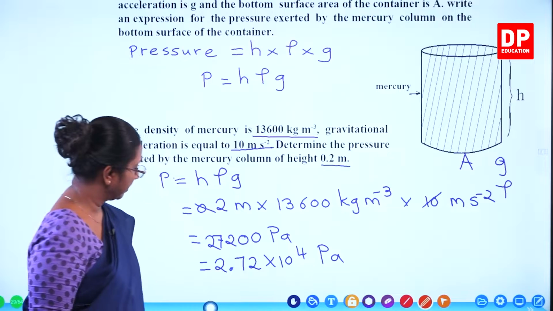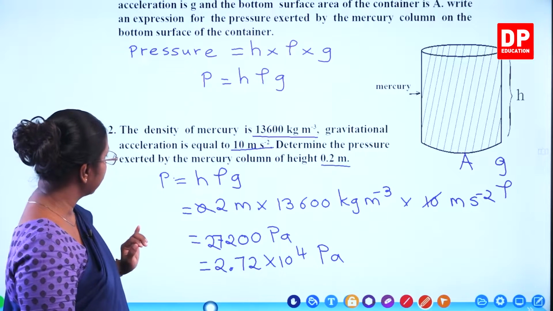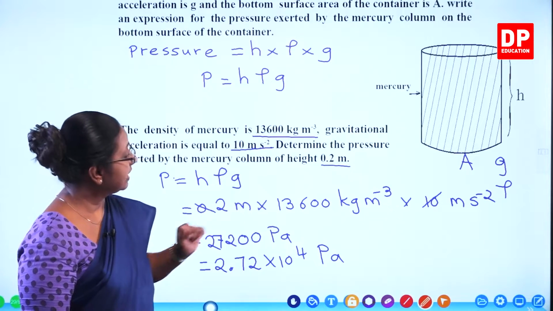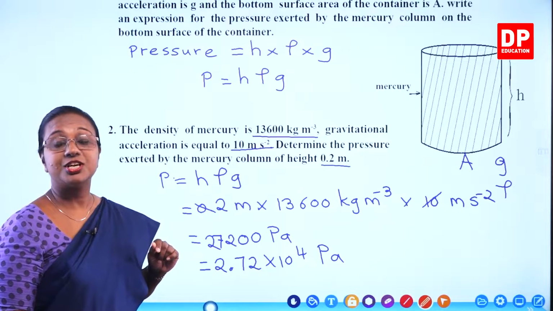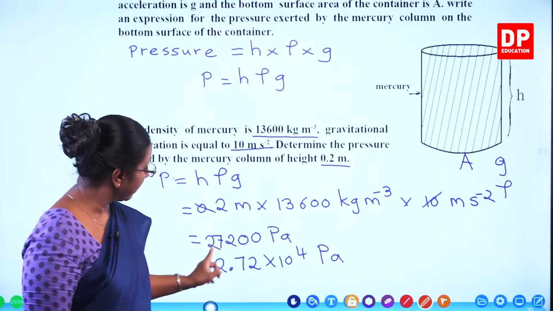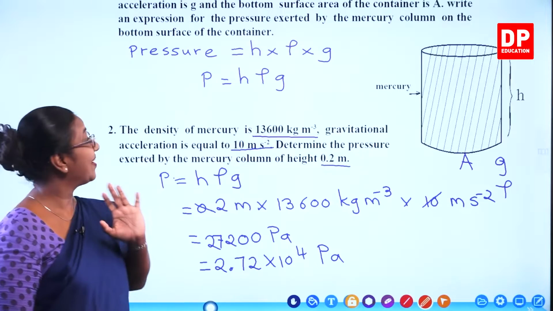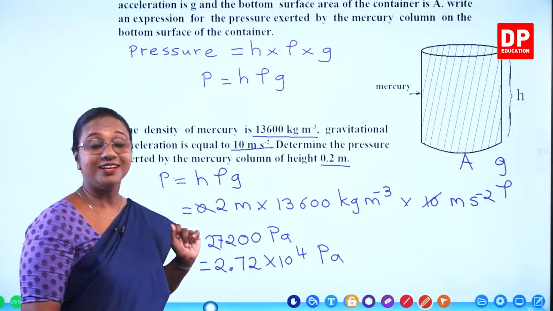Either way is fine. 27,200 Pascal, that is the answer. Because height is 0.2 meters, density is 13,600 and gravitational acceleration 10. So when you simplify, you get the answer as 27,200 Pascal. I am sure students, you were able to do this calculation on your own correctly.